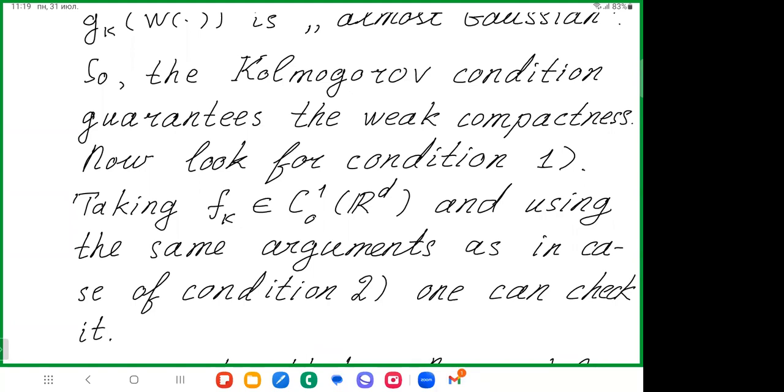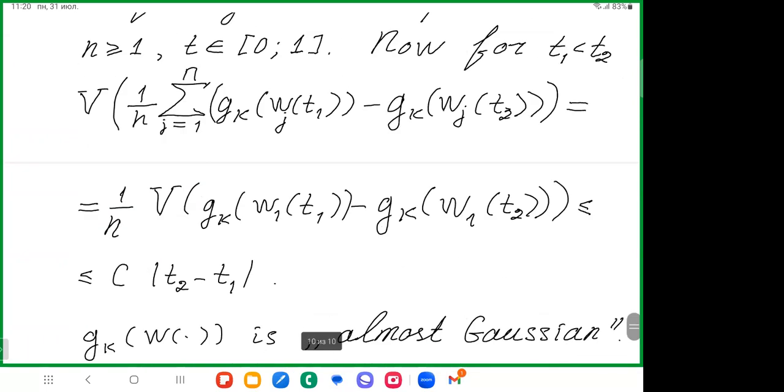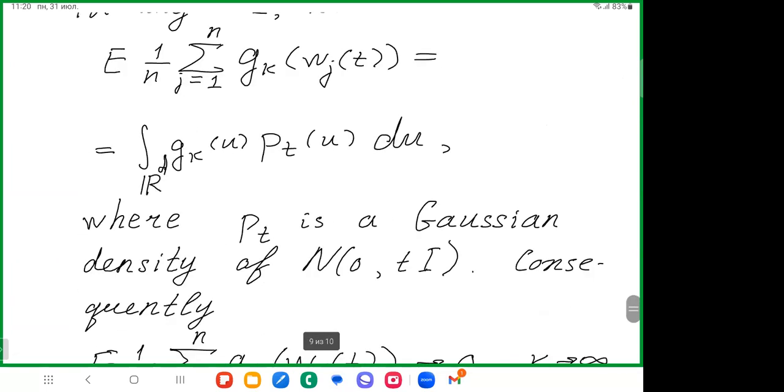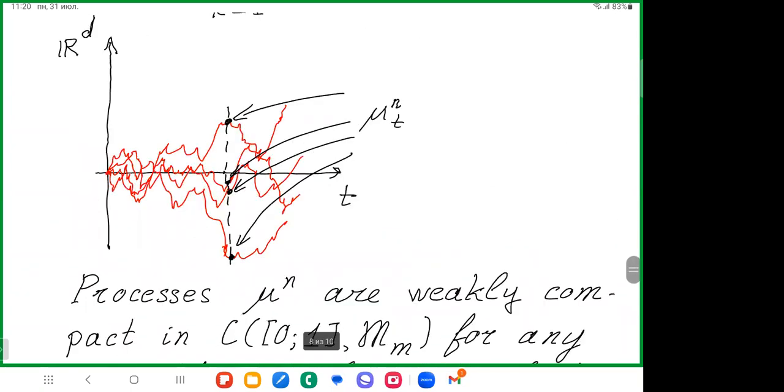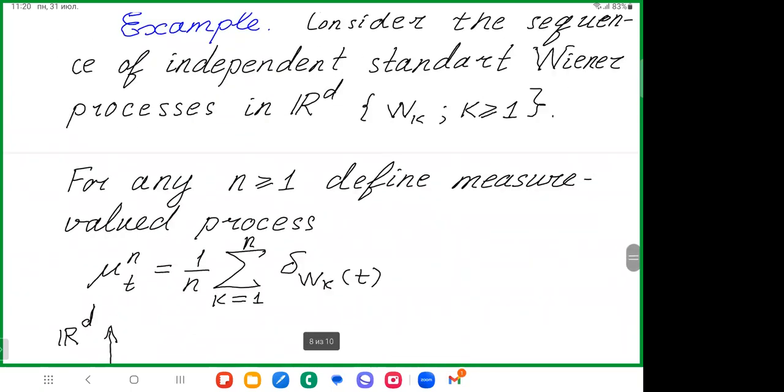And now let us think about its weak limit. Maybe it's good to go back to this definition. You see, this mu Tn looks like an empirical process built from different independent realizations of the Wiener process.